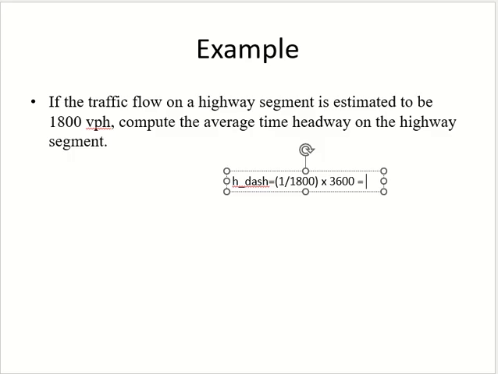Two seconds. This is for a very high flow value. By the way, 1800 is considered the capacity of normal highways. So a 2 second headway is very small, and this happens when the highway is at capacity. Clear? Any questions?